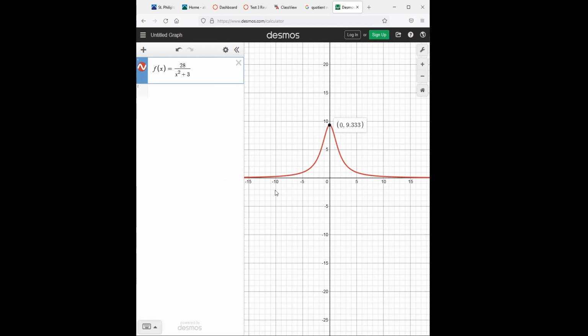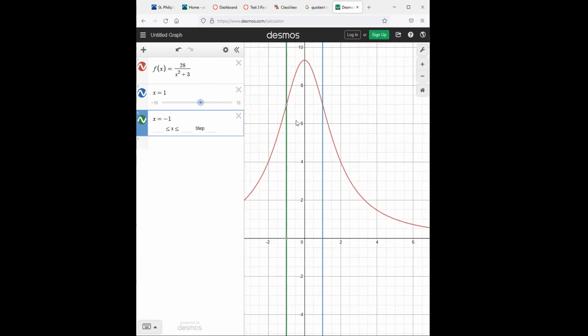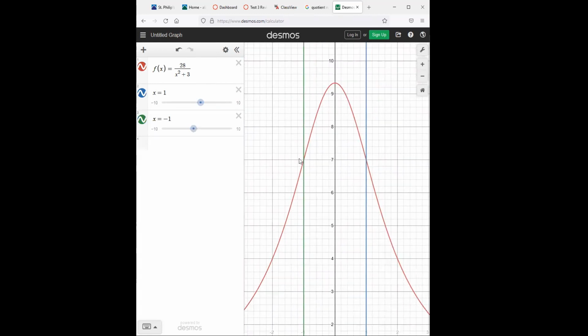We found the second derivative equal to 0 at 1 and -1. You see how we're concave down, and right after that, we're concave up.